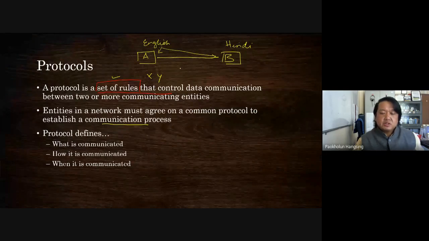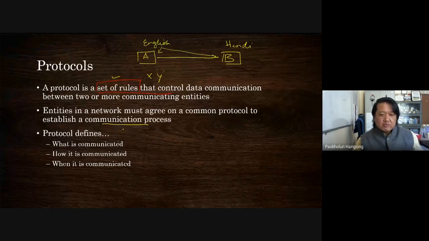Both of them are using English, as I am using English to communicate to all of you. So protocol is something like the language that we use in human communication. But in this case, these are a set of rules that governs data communication between the communicating devices.